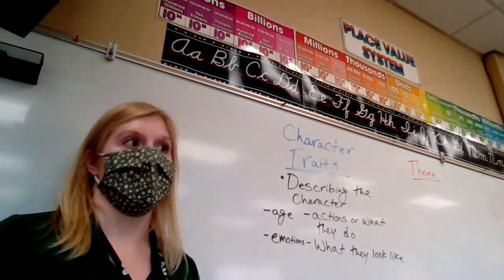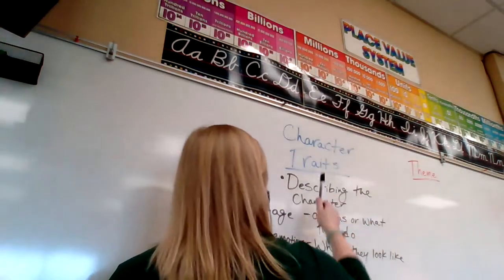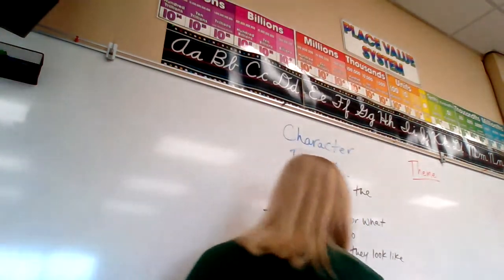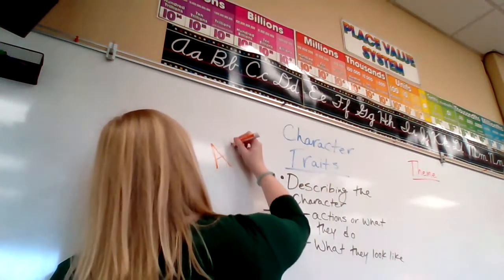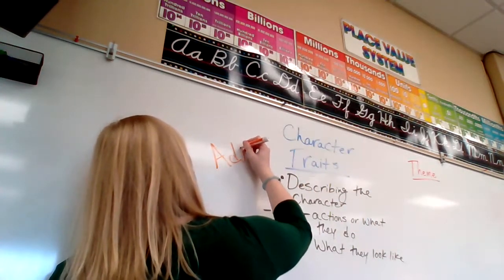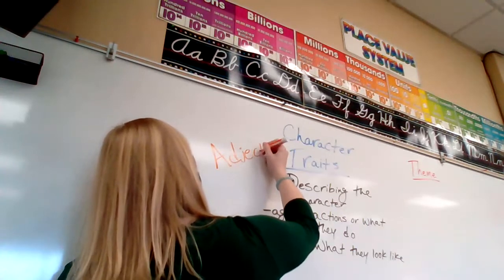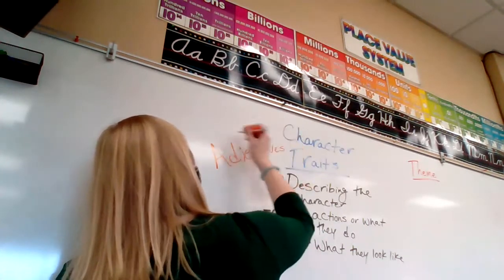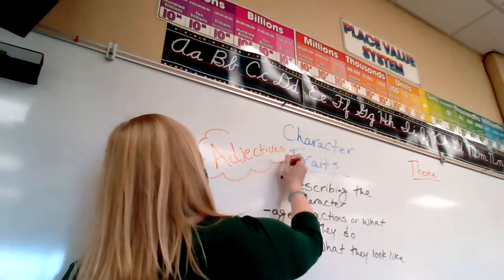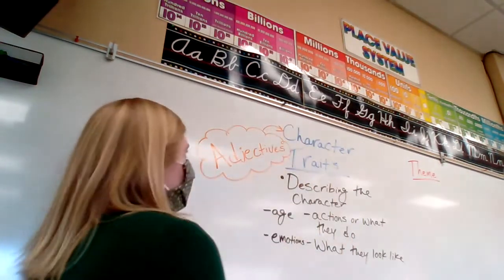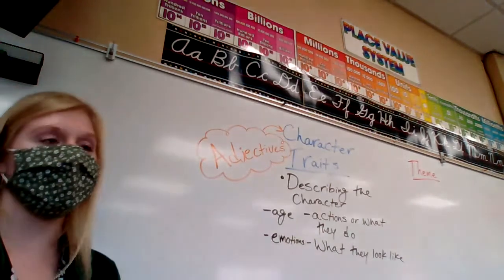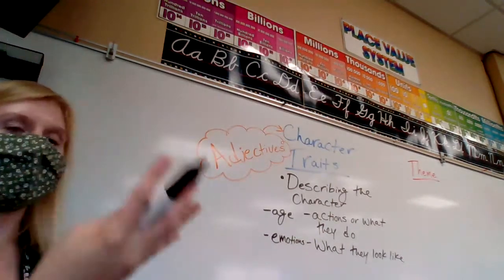Those are adjectives. When we talk about character traits, I'm going to put this in orange. I hope I gave myself enough room. Adjectives. A lot of times when we talk about character traits, we're talking about adjectives to describe our character.